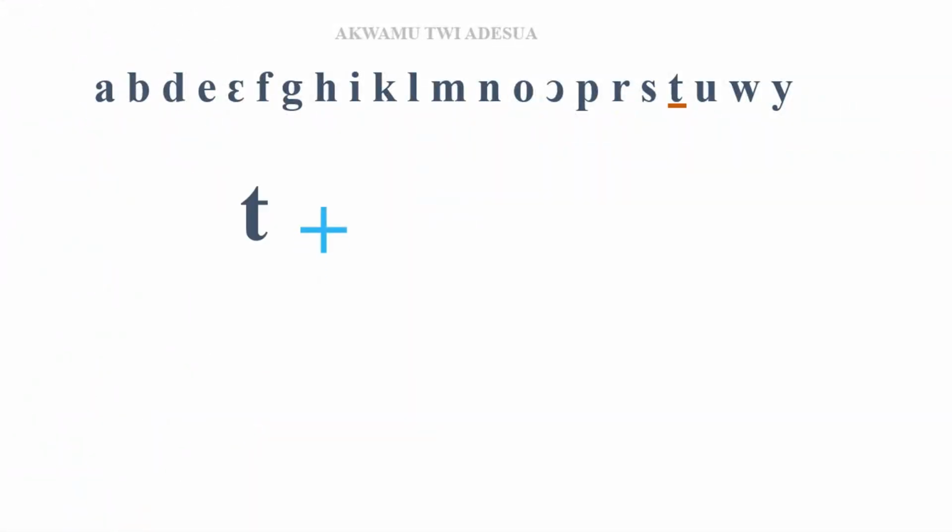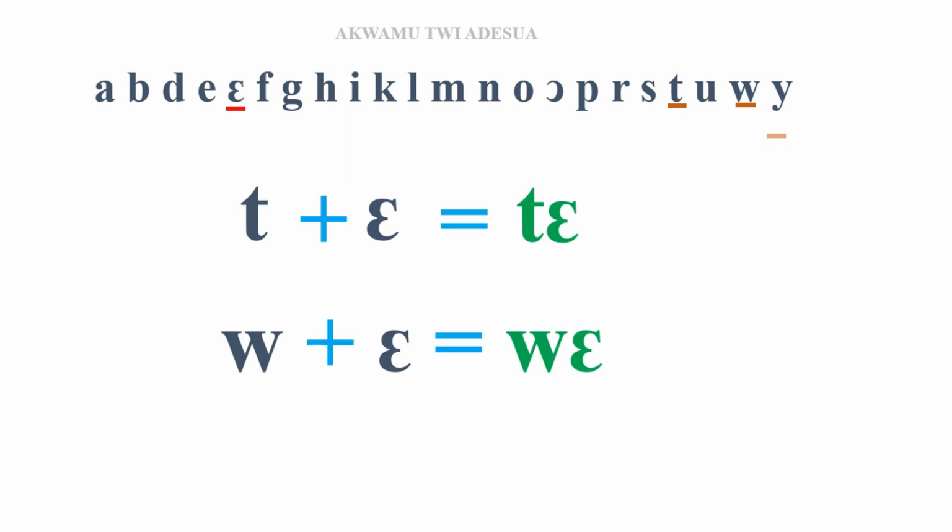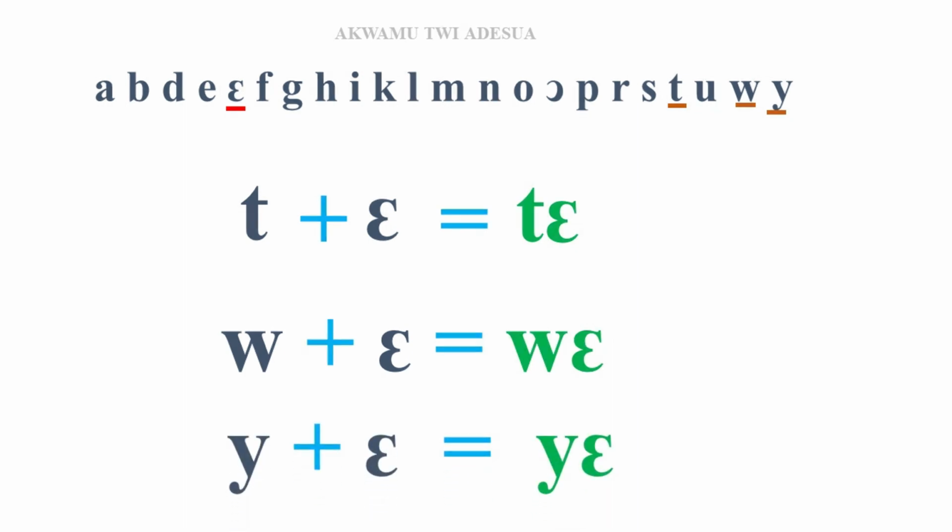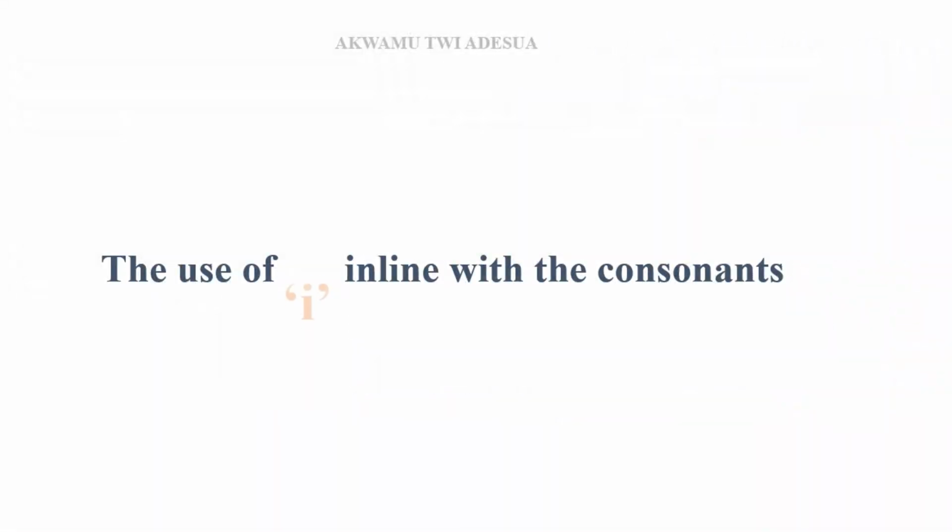T plus, which is the T, will give us T. W plus, which is the W, will give us W. J plus, which is the Y, will give us J. The use of the vowel E in line with the consonants.